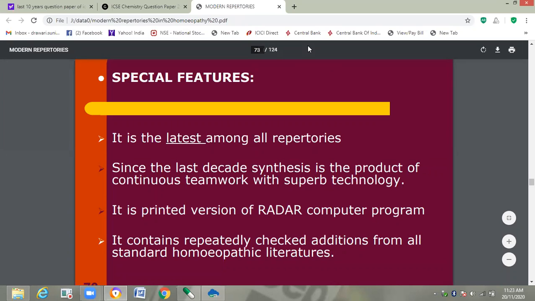A new catalog of 3712 remedies and a new author catalog are included with Synthesis.